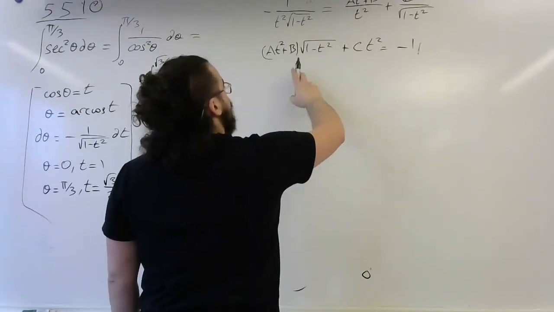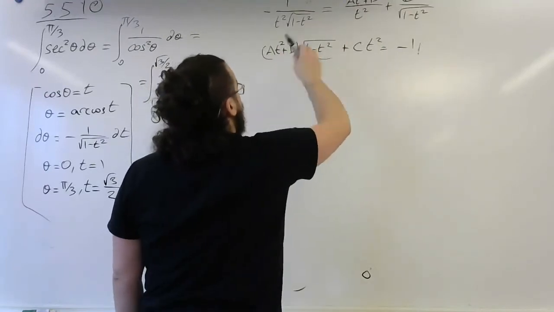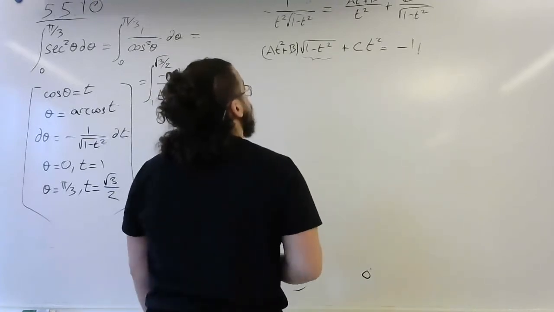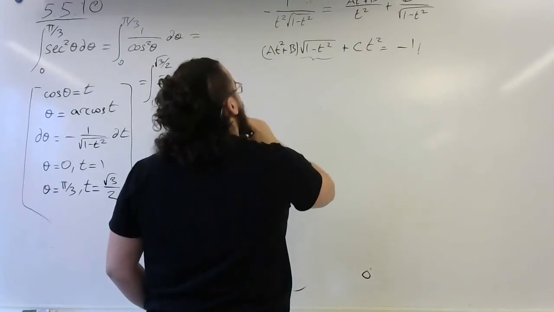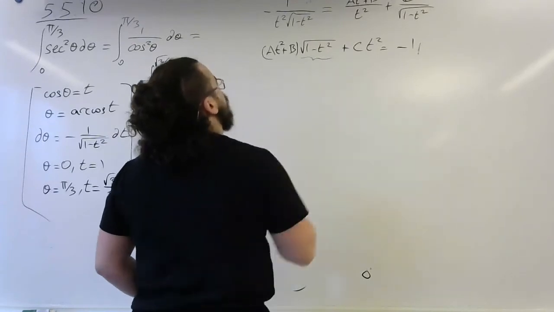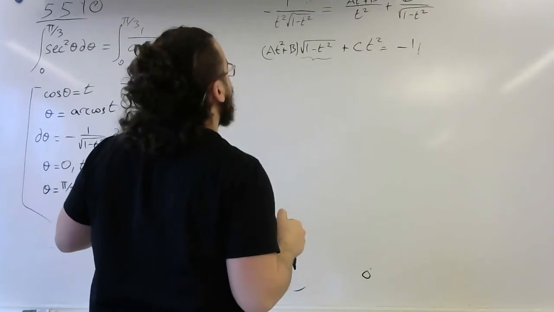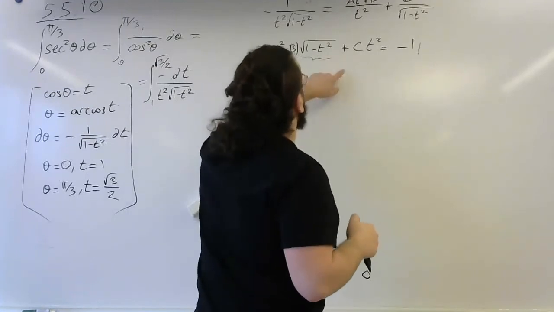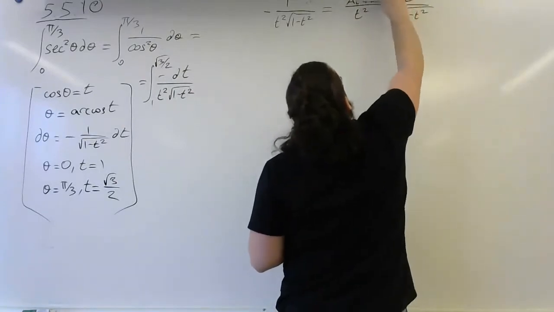And from here we notice that there is no element in square root of 1 minus t squared. So I'm definitely doing something wrong here. Zero, zero, zero, and that will be minus 1. So I'm not doing the proper approach.